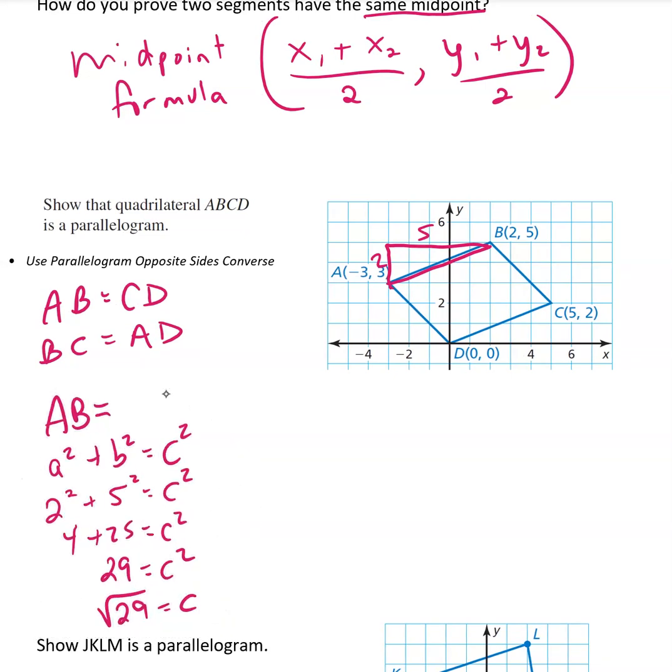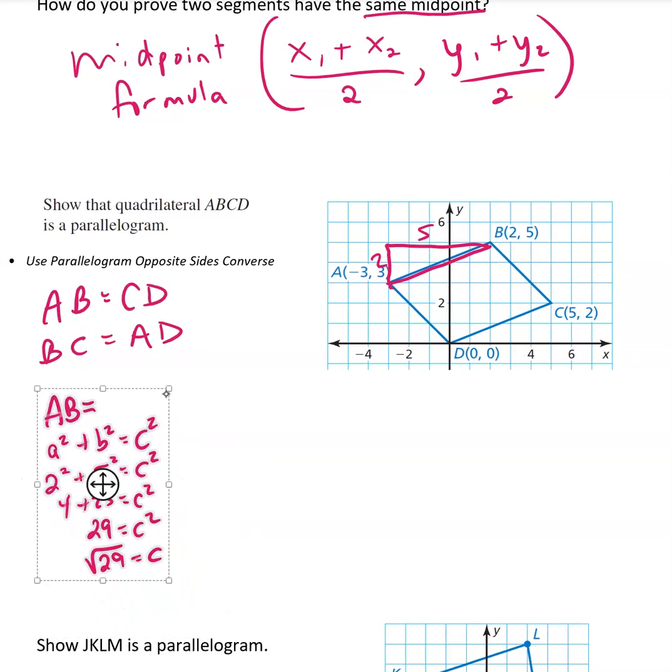Okay, now we're going to find the length I needed to show was the same as DC. So now I'm going to find the length of DC. So I'm going to make my right triangle. Okay, see, this is 2 and this is 5. So I'm going to use a squared plus b squared equals c squared.